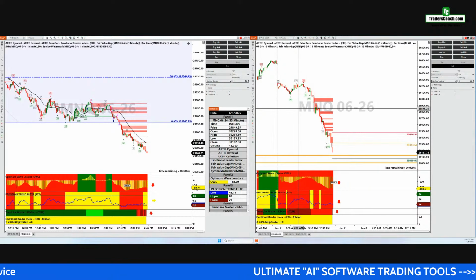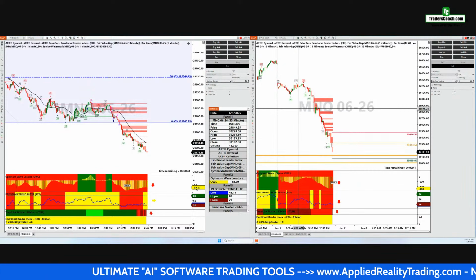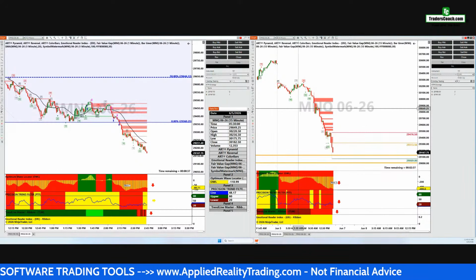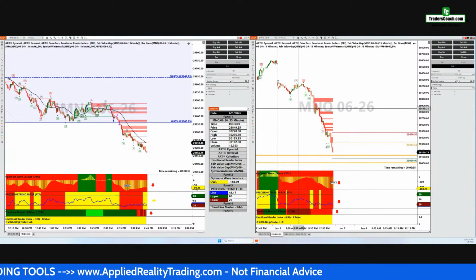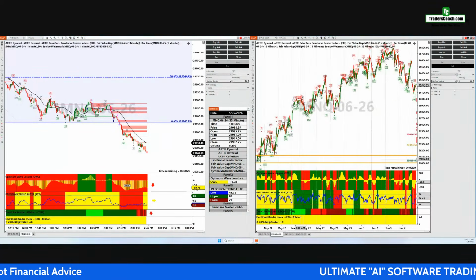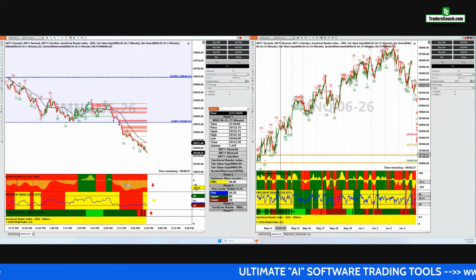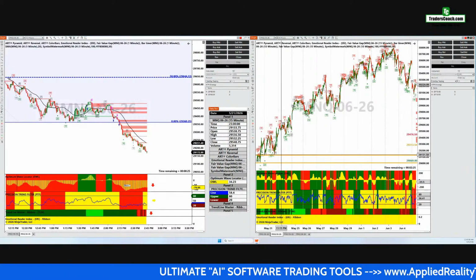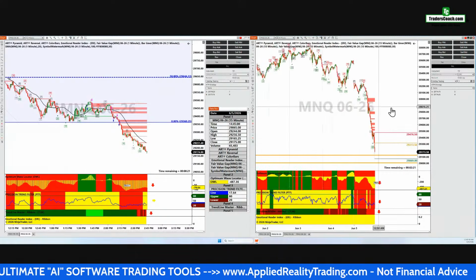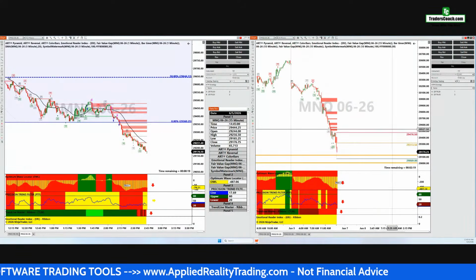There it goes. So I'm going to be really interested to see if it's shooting for this one or this one. And we won't know until we get there and see a turnaround.